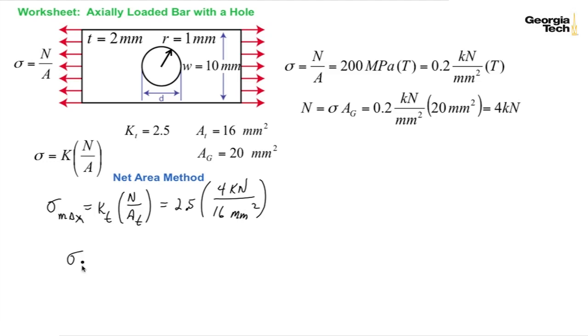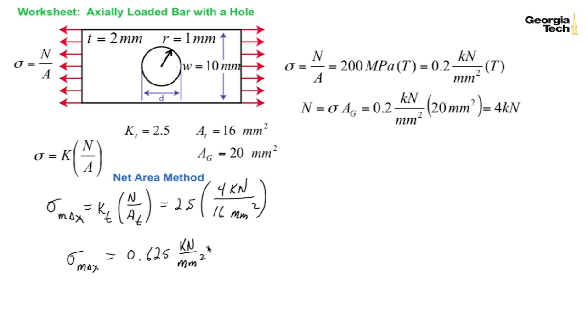And so sigma max at the discontinuity, right close to the hole, is going to equal 0.625 kilonewtons per millimeter squared.